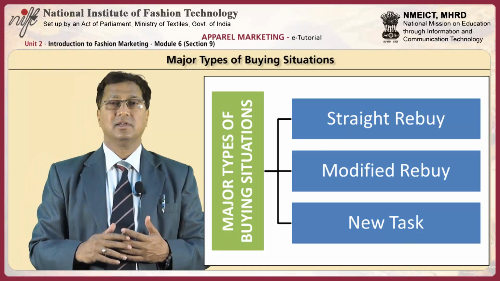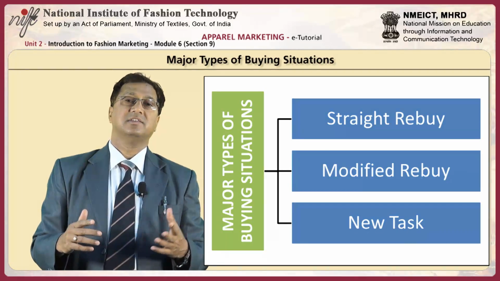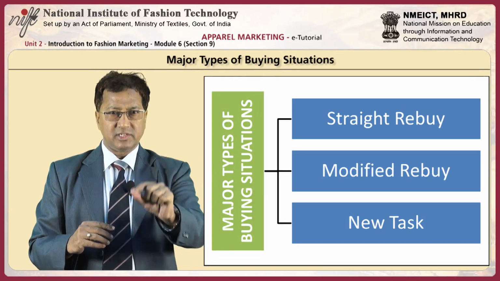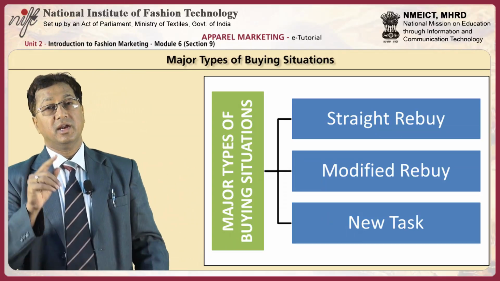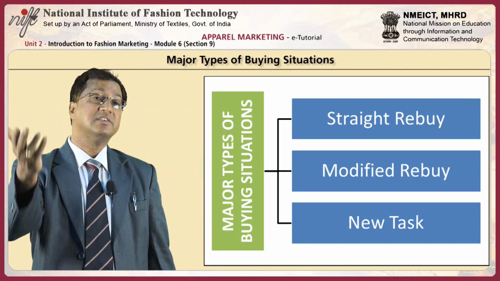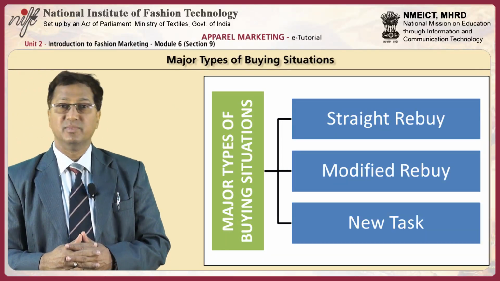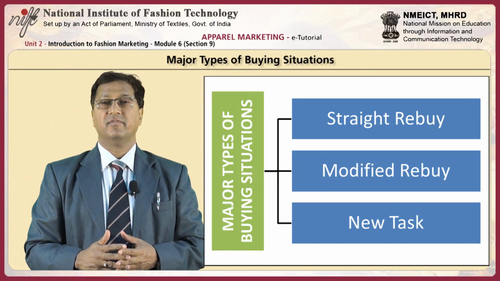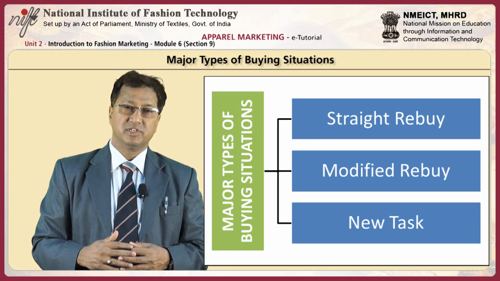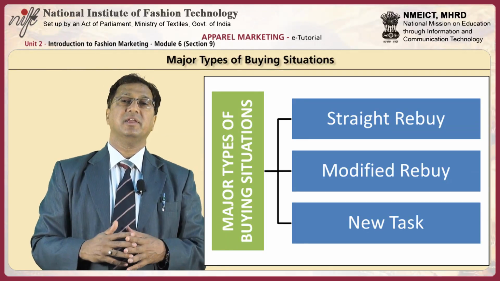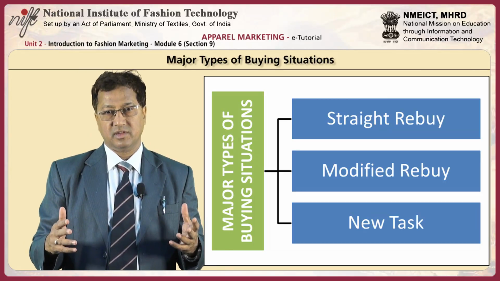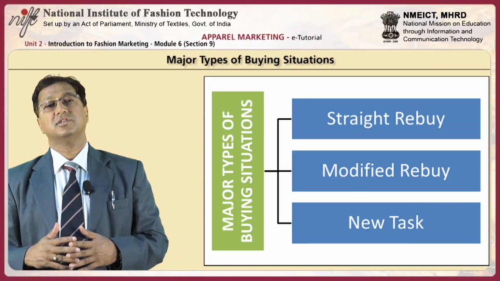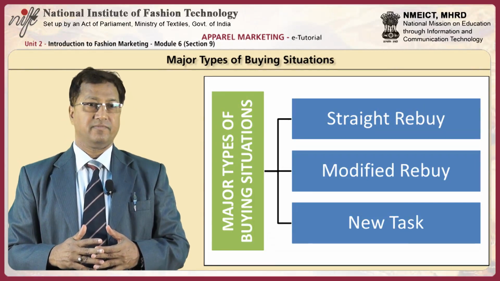It can thus be said to be a routine repurchase. This is because it is based on past satisfactory experience. Presently, with the automated computer systems, ERP and MRP, the system itself auto-generates purchase orders from the vendor list.